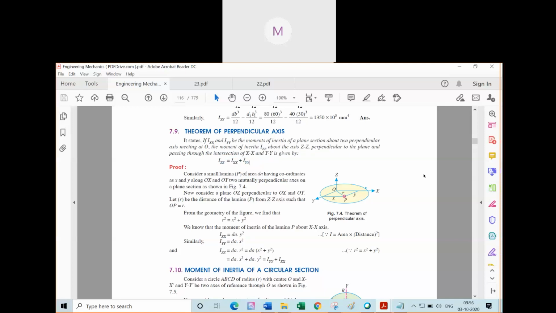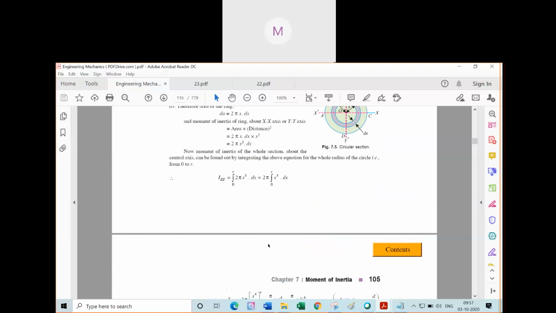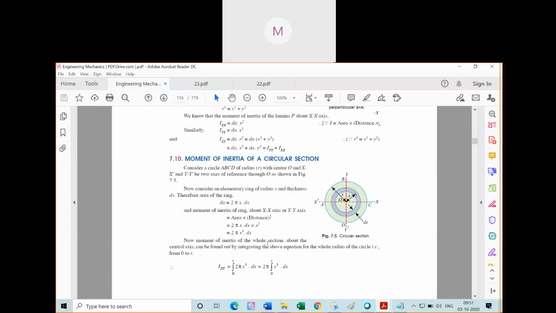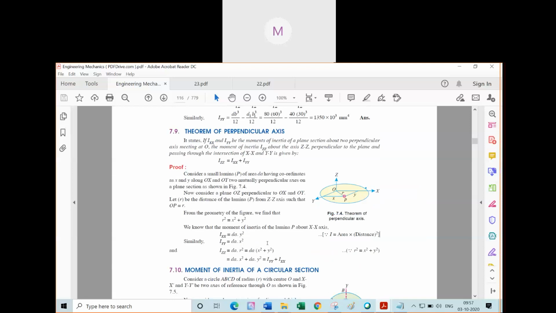Now I equal to what? Area into distance whole square. So this is called perpendicular axis theorem. That's simple. If you add Ixx plus Iyy, then you get Izz, and this is how you are finding it out.